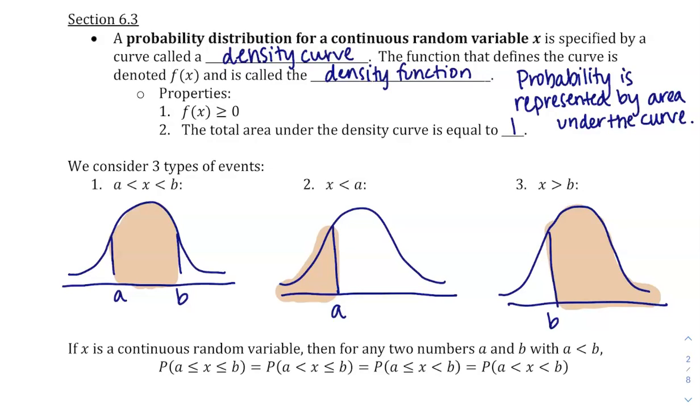A note here on continuous random variables: the probability that x equals some specific number is actually 0. And I know that's a hard concept to understand because that x value does take on a particular value. But I want you to imagine all the sand in the world, and you were trying to identify a single grain of sand.